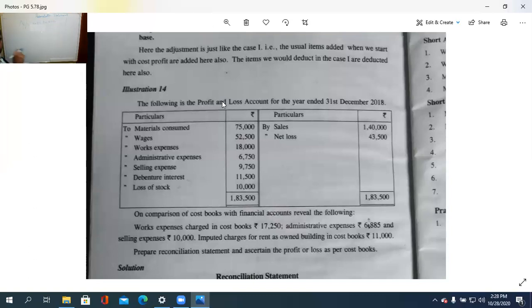How much is it? 43,500. And what all items here? Work expenses 18,000. Work expenses charged in cost books it is 17,250. Our financial books over, yes, over by 750 in financial books.